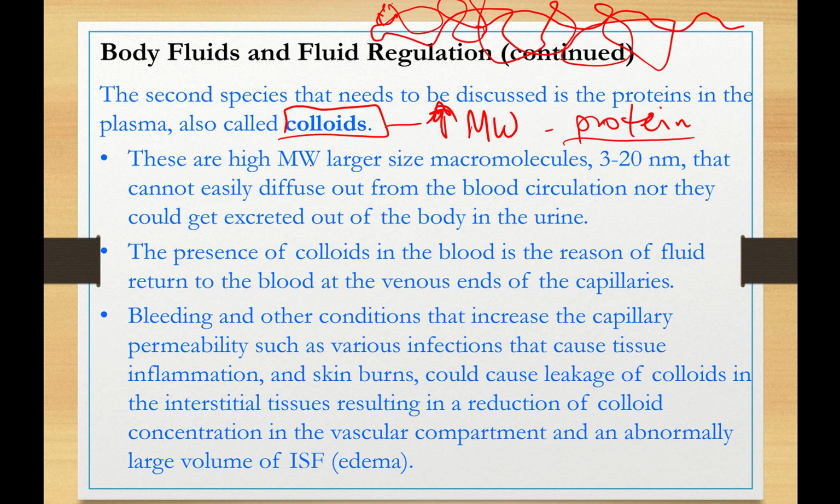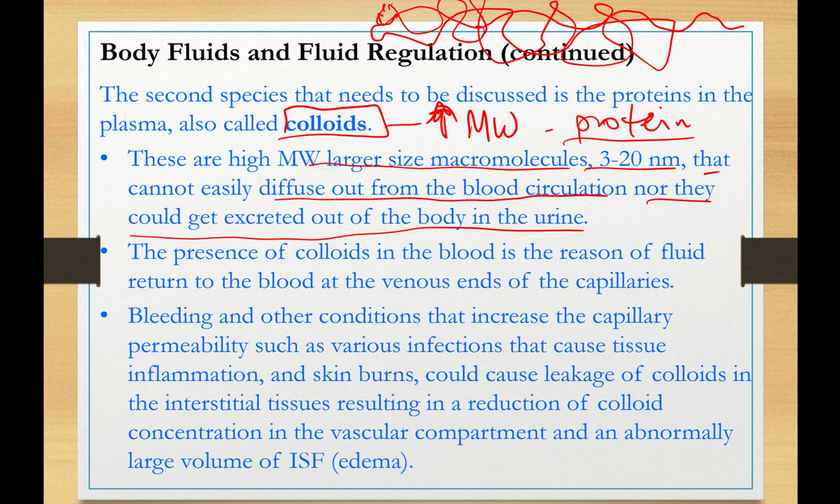So they are larger macromolecules, 3 to 20 nanometers. They cannot diffuse out of the blood circulation that easily, nor could they get excreted out of the body in the urine. Remember that our blood is filtered in the kidney capillaries and through the Bowman's capsule. That's where you have the filtration and formation of the urine.